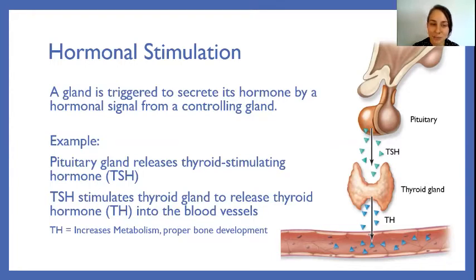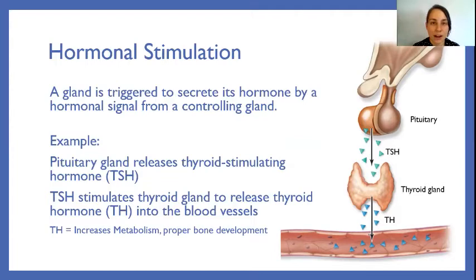All right, so here the pituitary gland has released a hormone called the thyroid stimulating hormone, TSH. Now the TSH is going to be released into your bloodstream. It'll travel through your blood until it reaches the thyroid gland. When it reaches the thyroid gland, it's going to stimulate that gland to release its thyroid hormone into the blood vessels.